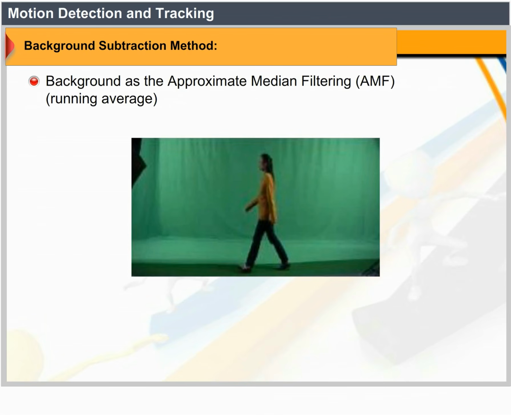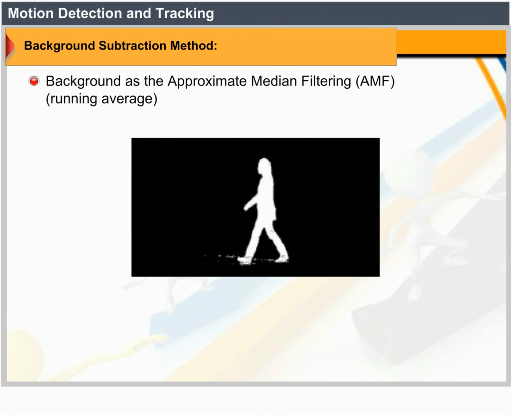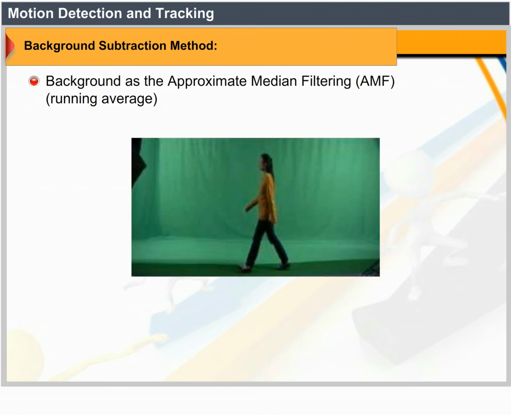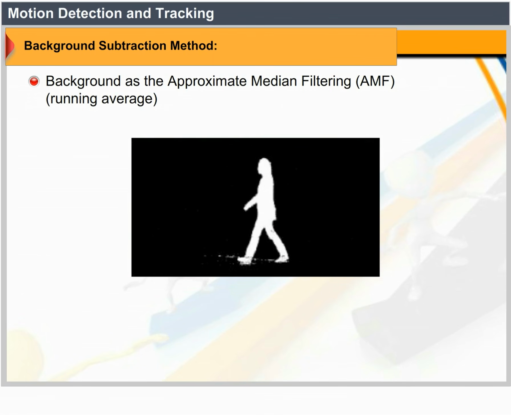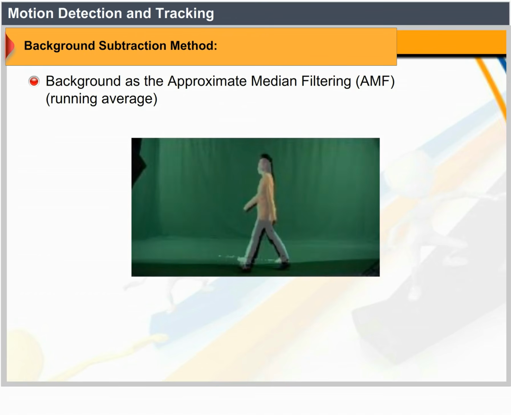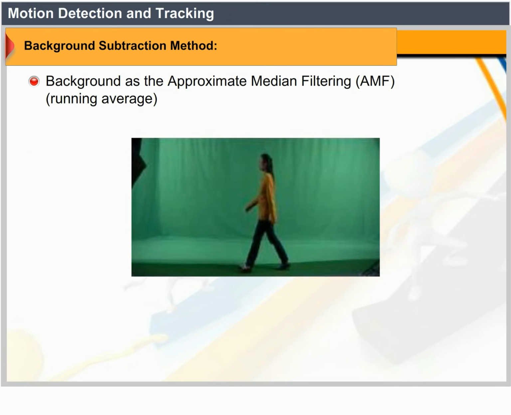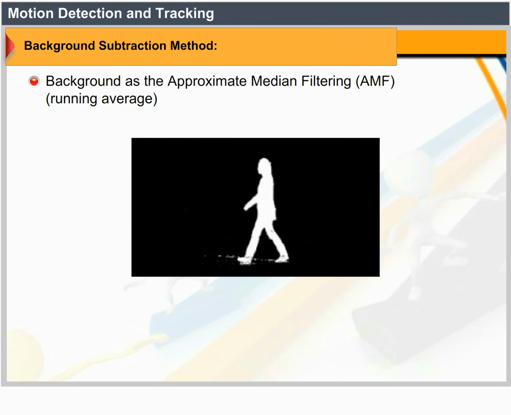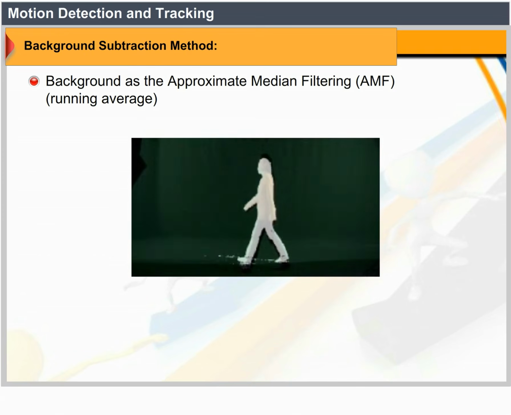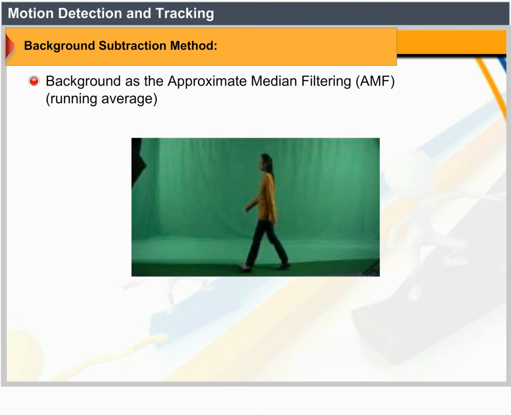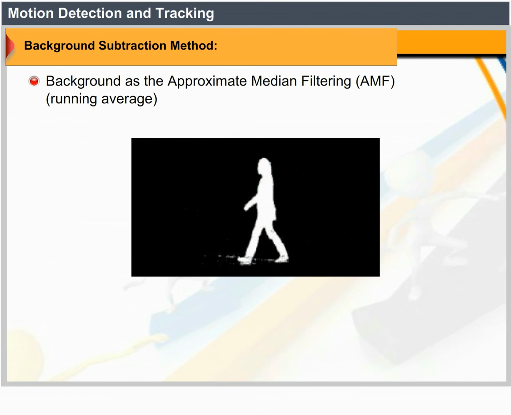Background as the approximate median filtering, AMF, running average, is shown on the screen: B(i+1) = alpha * L(i+1) + (1 - alpha) * B(i), where alpha, the learning rate, is typically 0.05. No more memory requirements.